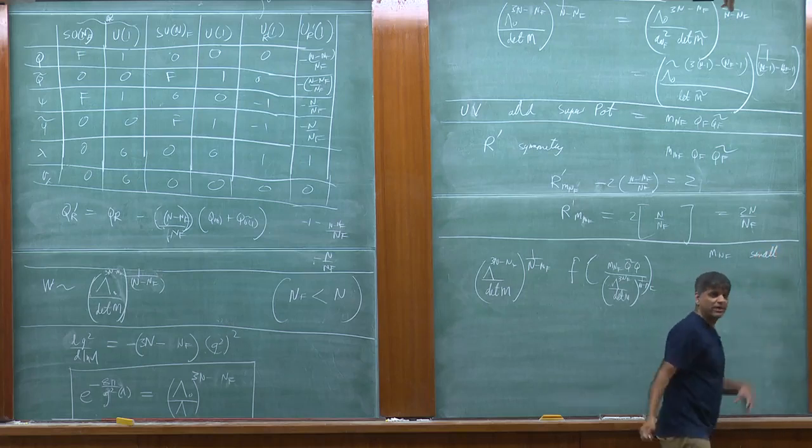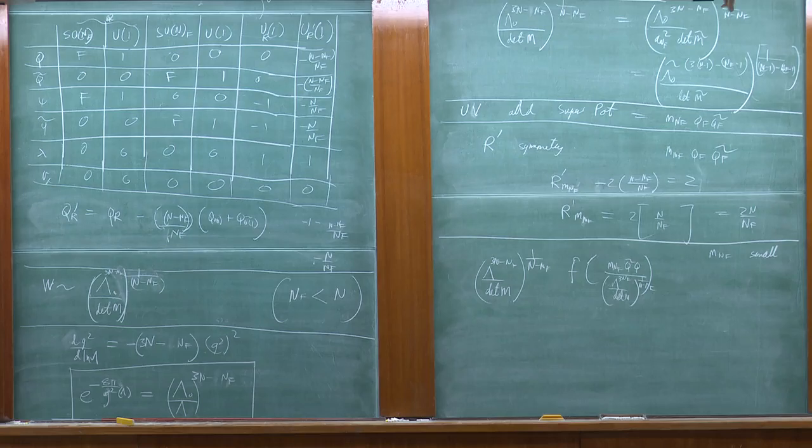We'll soon see small compared to what. But we're in one of these vacua of, let's say, A1 or A2, when all the A's in the theory are very large.